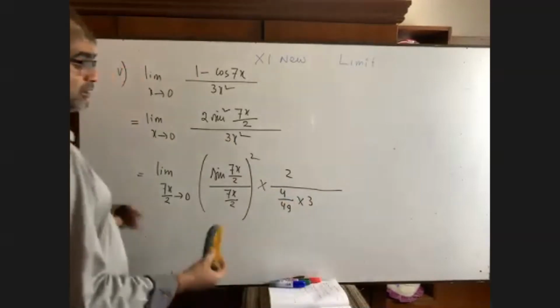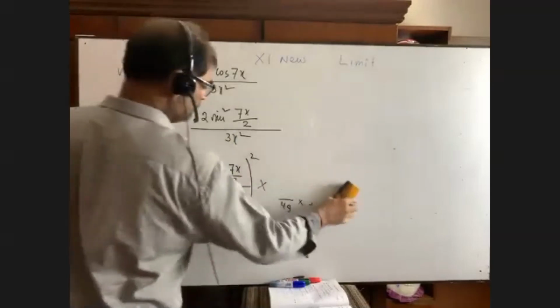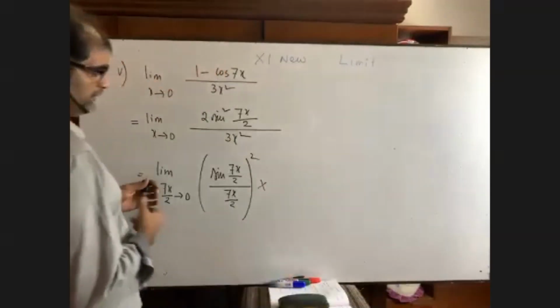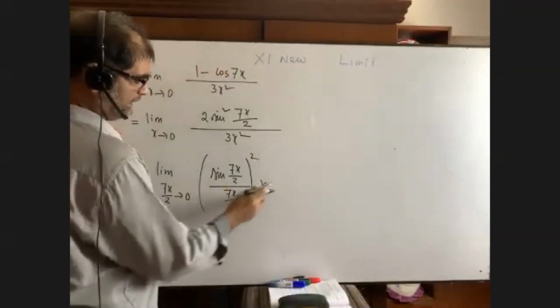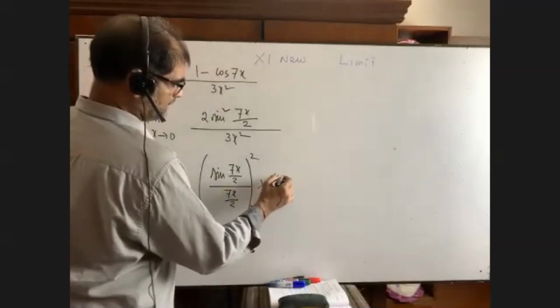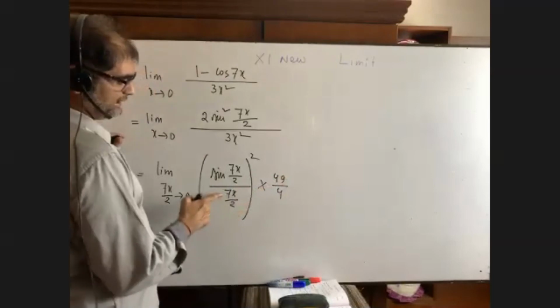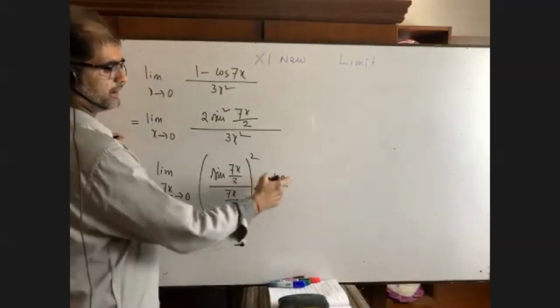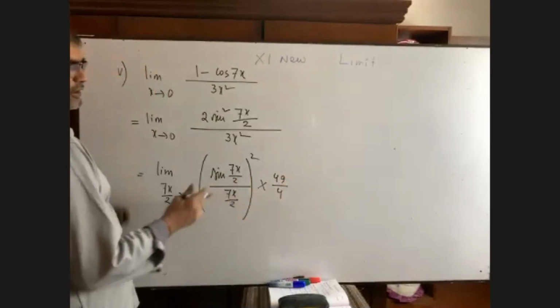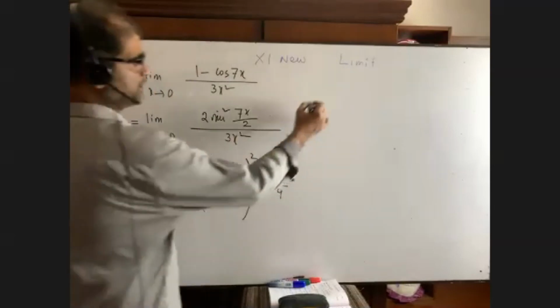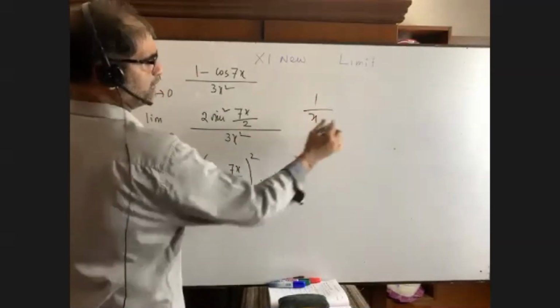But we will not go for that. What will we do? Now you see, if I give here 49 by 4, then this 49 and this 7 square will be omitted. Please try to understand. You see, 1 by x will be vanished. How?